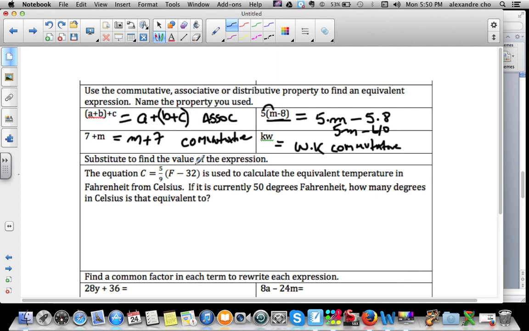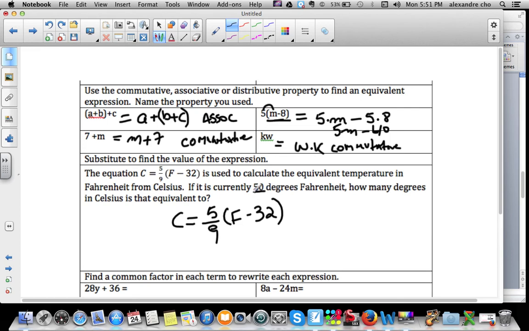Alright? So, this is basically substitute. Here's your expression. I'll write it. C equals 5 over 9, F minus 32. So if it's 50 degrees Fahrenheit, how do we change that to Celsius? Well, you use this equation right here.